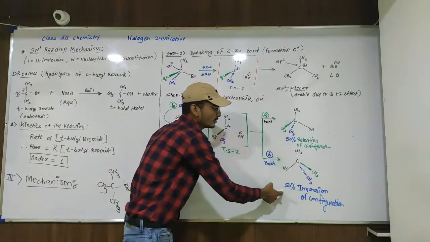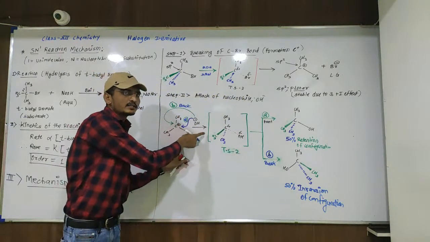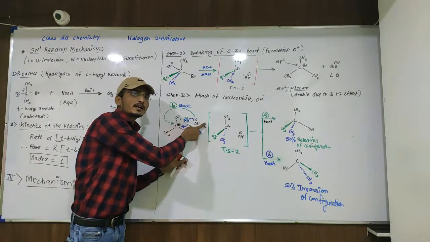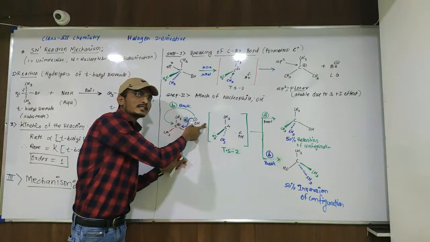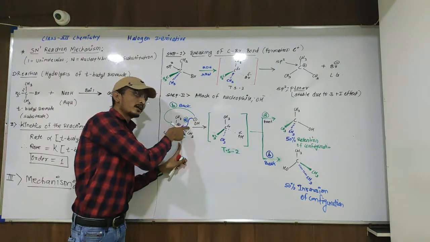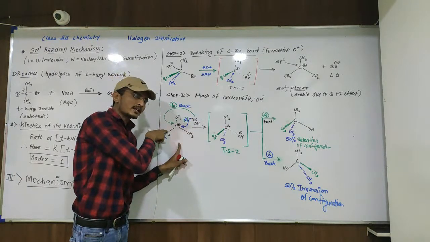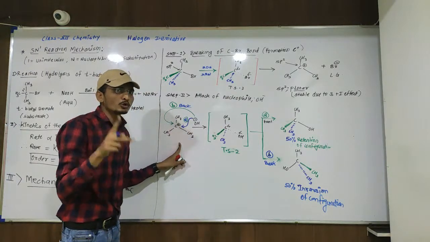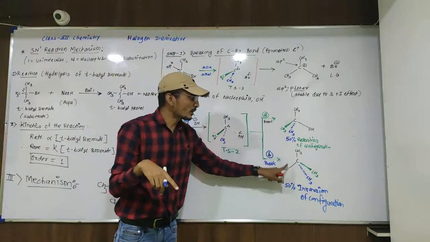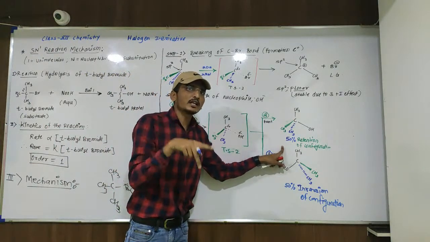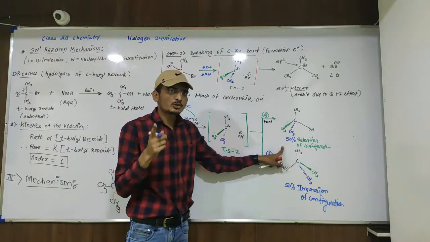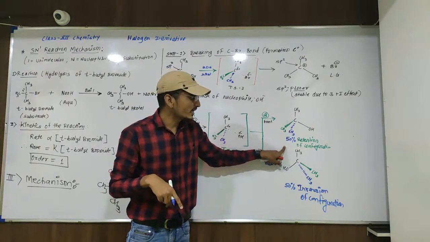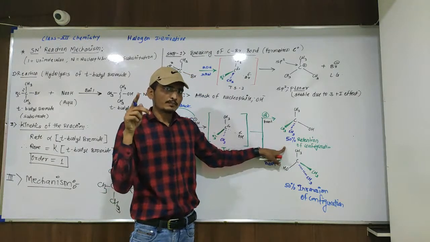This happens because the nucleophile has equal chances to attack the front side as well as the back side. Both are equal in percentage, that is 1:1.